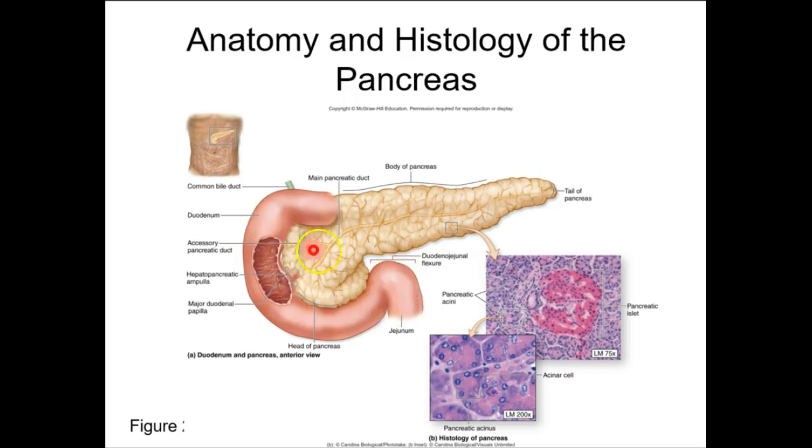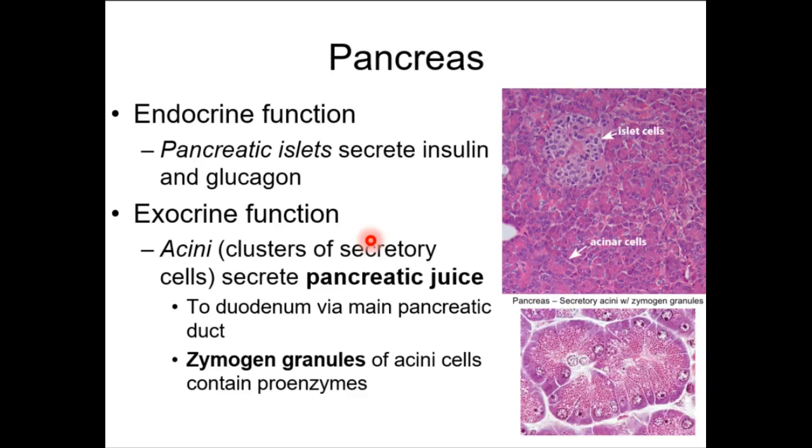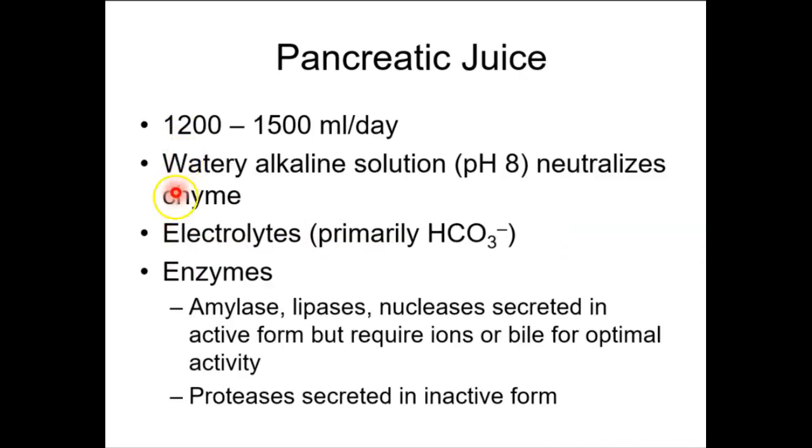And again, these are retroperitoneal. Back here we have the head of the pancreas nestled ever so gently into the duodenum. And that pancreatic juice is going to contain, most significantly for us, amylase, lipases, and nucleases.